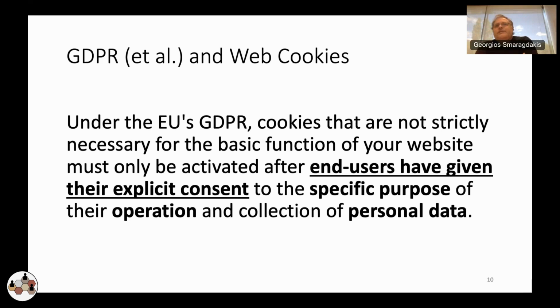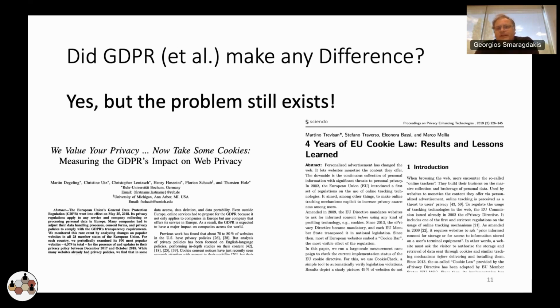Now, since 2018 there has been some work that tries to assess to what extent this new regulation has an effect on the privacy of users. So here I give you just two examples. There are many more in the literature. And if I want to summarize a little bit what all these studies say, it is that yes, GDPR changed things on the internet.